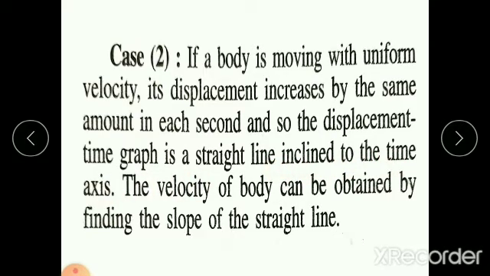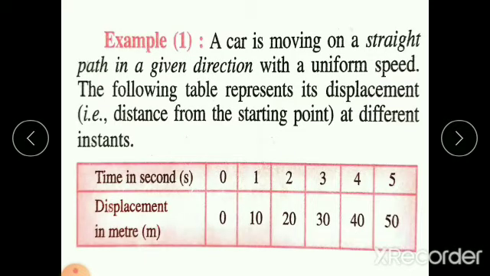In the first case, the position of a body does not change with time, so the body is at rest and the graph is a straight line parallel to the time axis. And in the next case, the body is moving with a uniform velocity, so the graph is a straight line inclined to the time axis. The velocity of a body can be obtained by finding the slope of the straight line. Okay. So let's take an example and understand this.